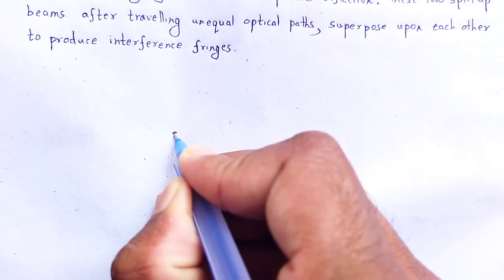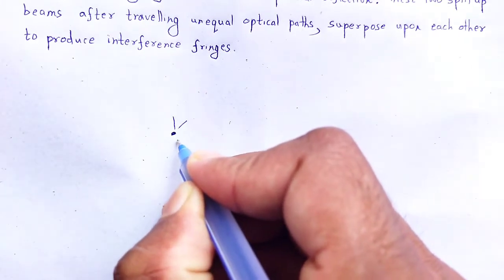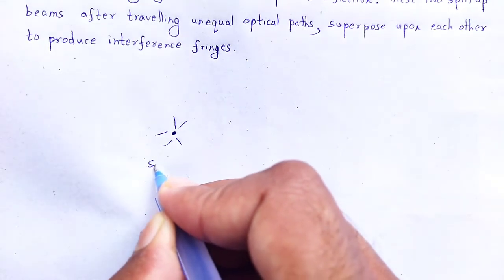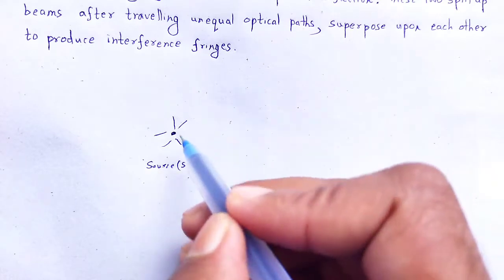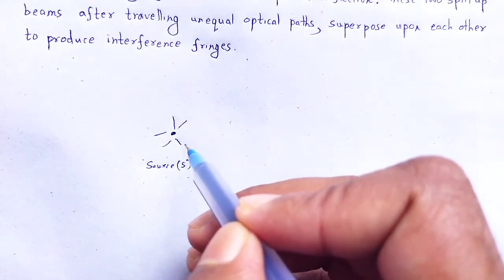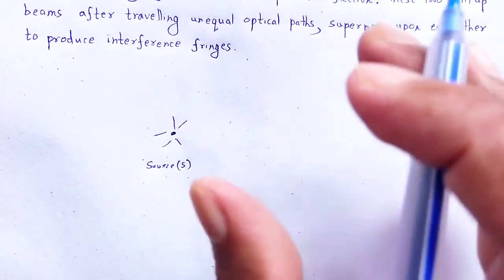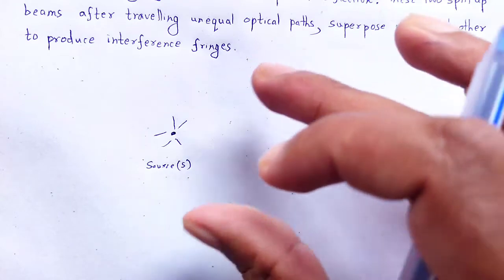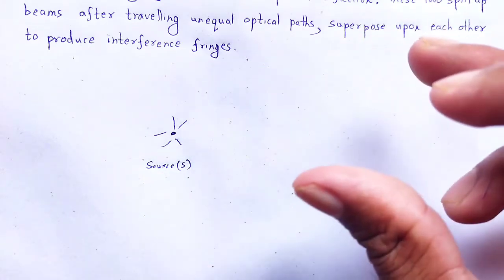Here we take a source S. It is an extended source of light from where coherent light is incident. We may use a monochromatic source of light or white light.